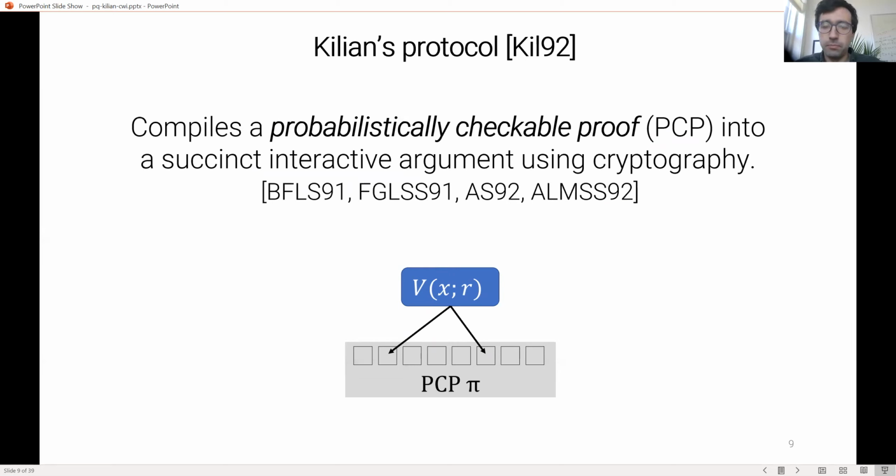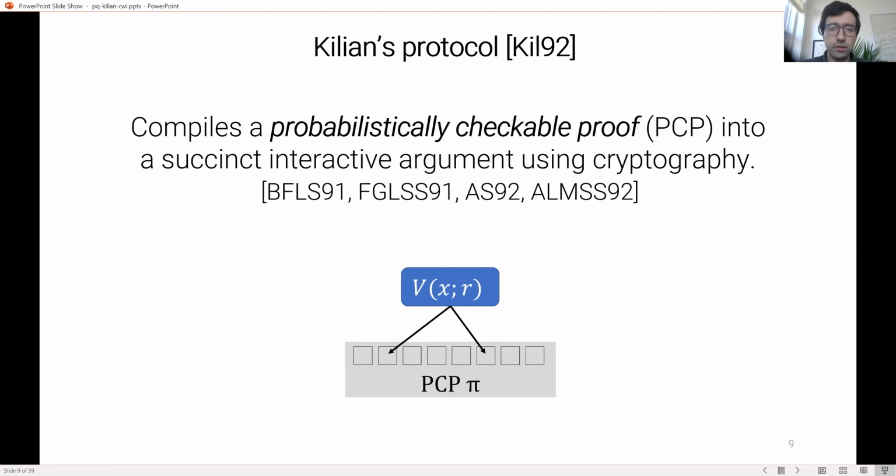is a proof system where you have a verifier that checks an NP statement by, rather than reading the entire witness as in a usual NP proof system, choosing some random positions in this string and querying them.